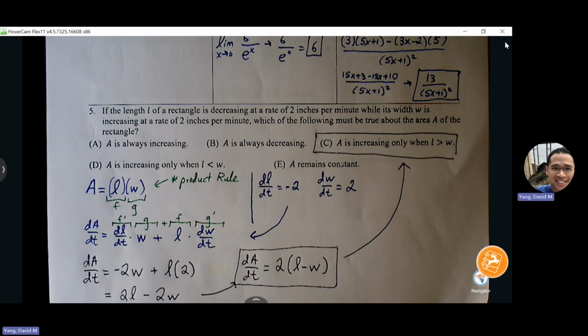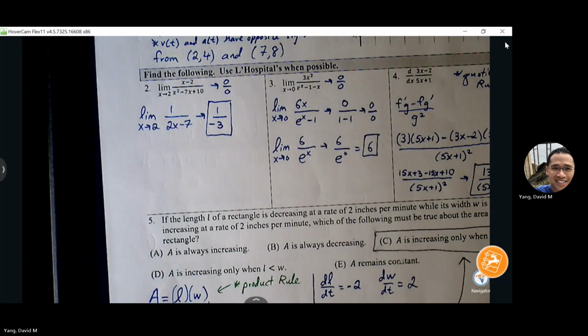Okay, got a full particle motion problem. How does the equation look when it's always increasing or always decreasing?